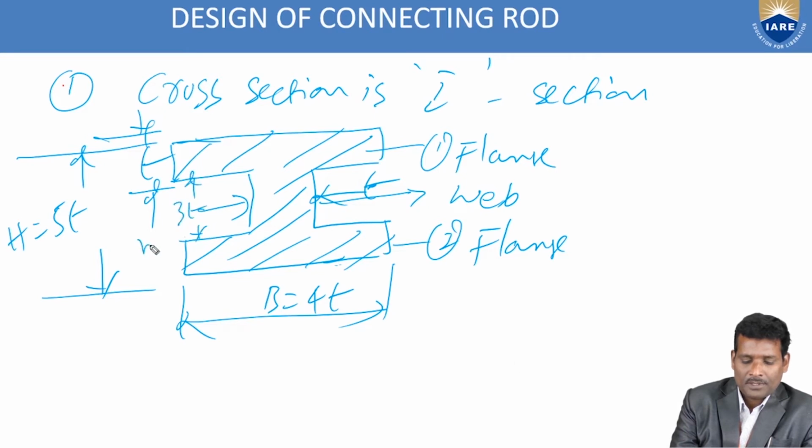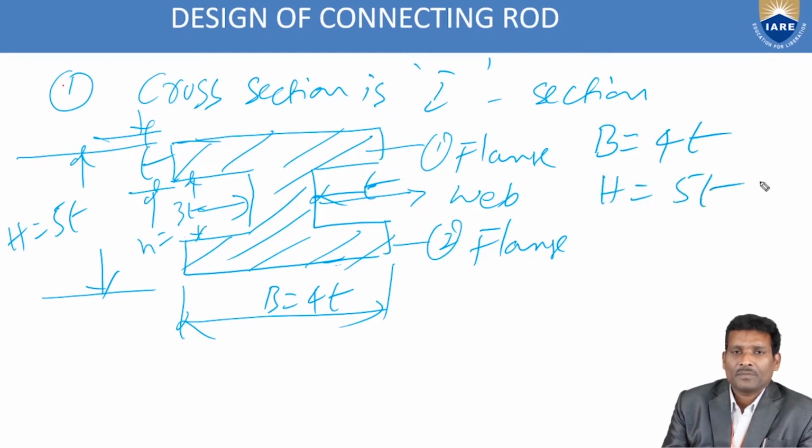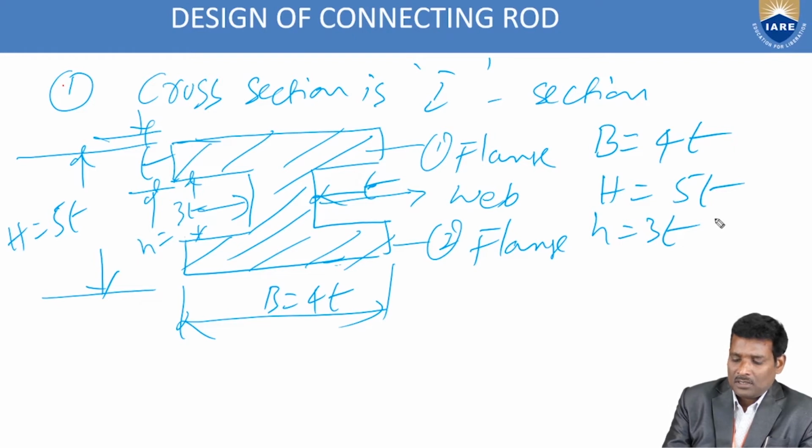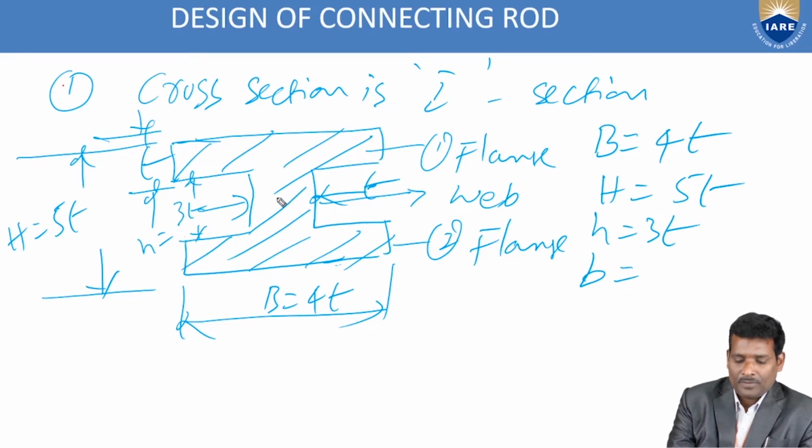So capital B is 40, capital H is 5t, small h is 3t, and you can assume small b, the width of the web, is t.